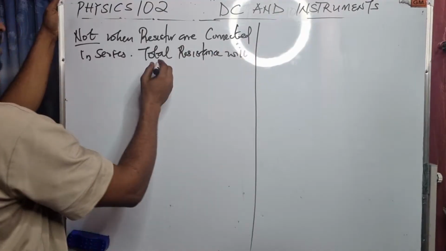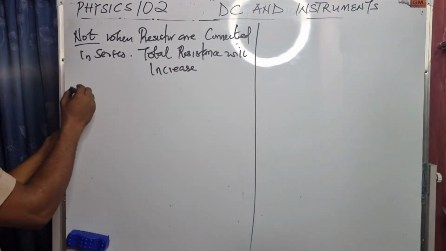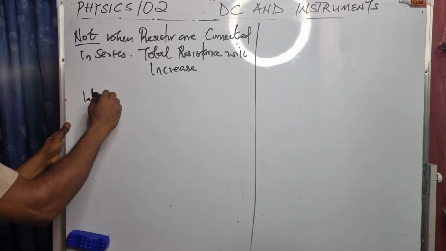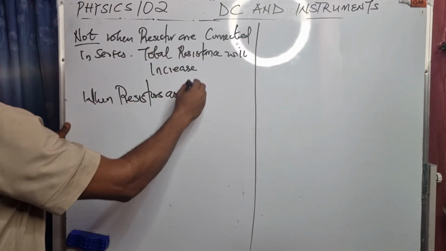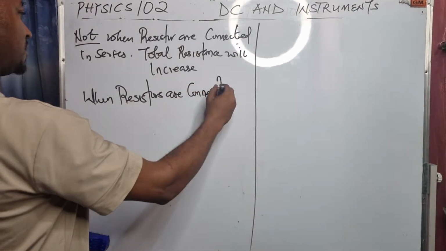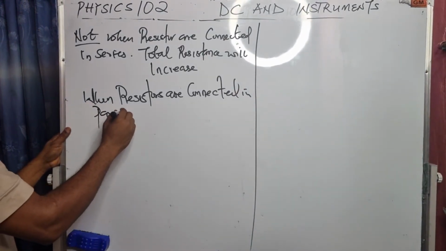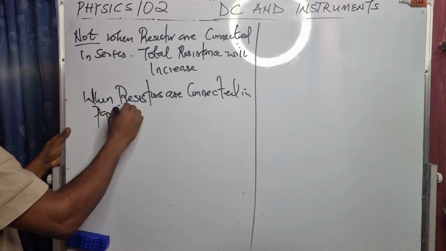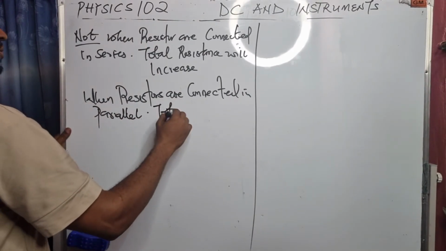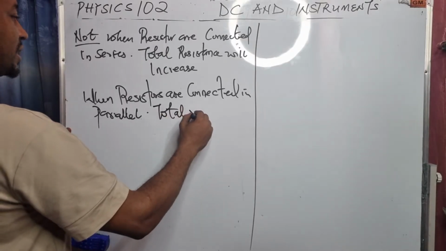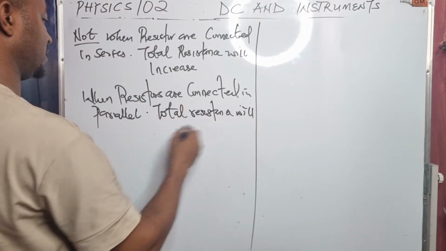But when resistors are connected in parallel, total resistance will drop, will decrease.